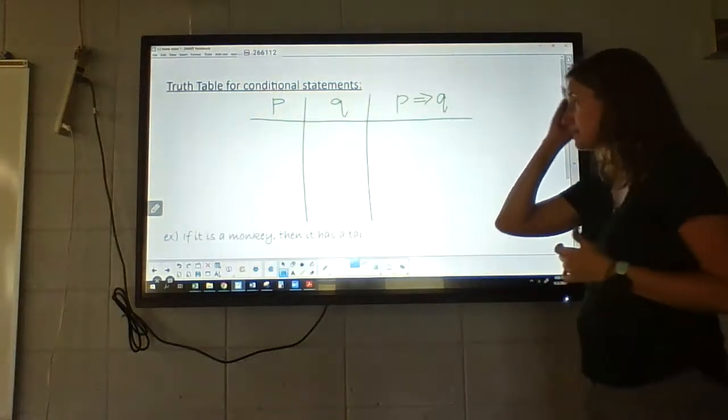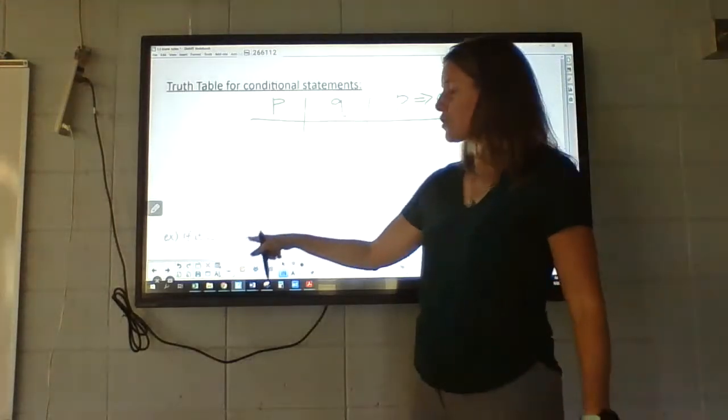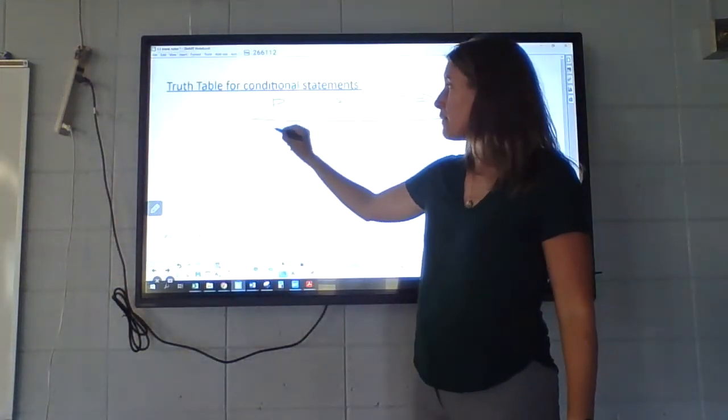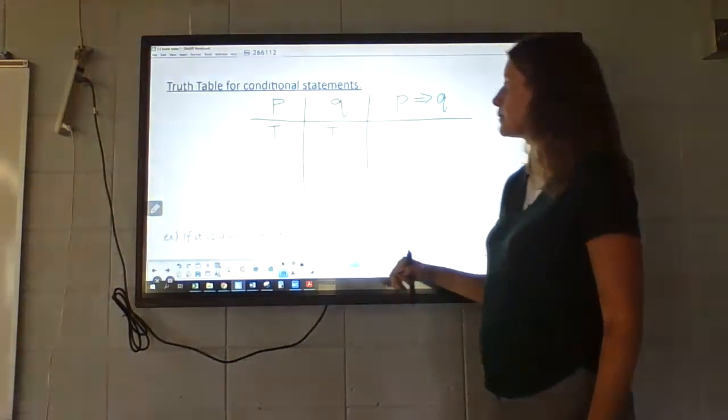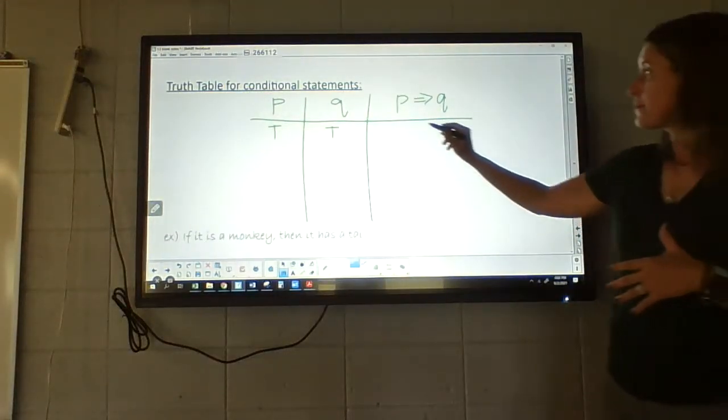Okay. So if it's a monkey, then it has a tail. So this is true. If we find a monkey in the wild, it should have a tail. That means it's going to have a tail, so that's going to be a true statement.